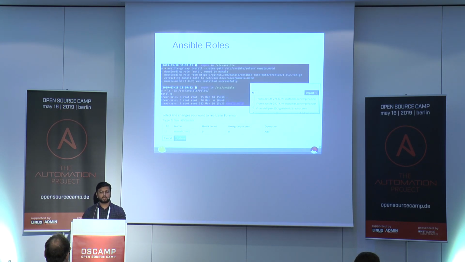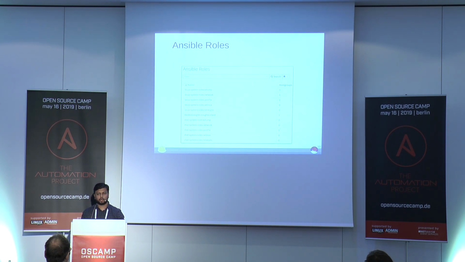How to deploy, I will show in my demo as well. First you need to go to the Foreman server. You have to download the role from Ansible Galaxy and import it via the proxy. Once you have imported it, you can see all the roles within the Foreman UI. Later on, these roles can be assigned to any host, which means you can run your Ansible roles on your host.